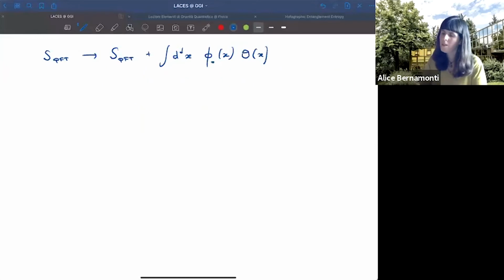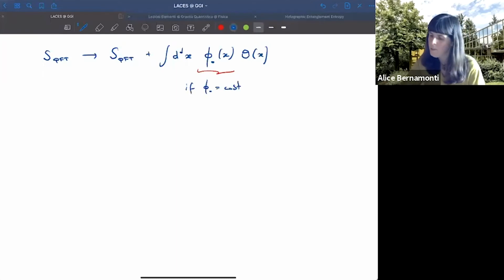Here phi naught denotes a source for the local operator of the theory. If this is constant, this type of deformation essentially simply amounts to changing the coupling which appears in O, because remember that in general, this local operator is a product of fields and of their derivatives. And so such an operation changes the coupling.